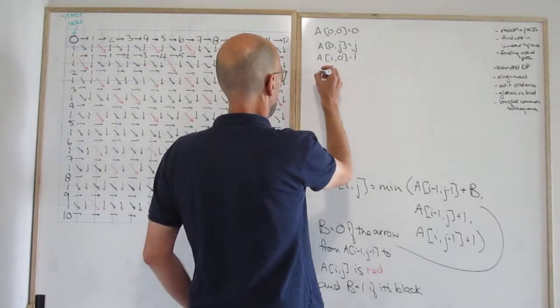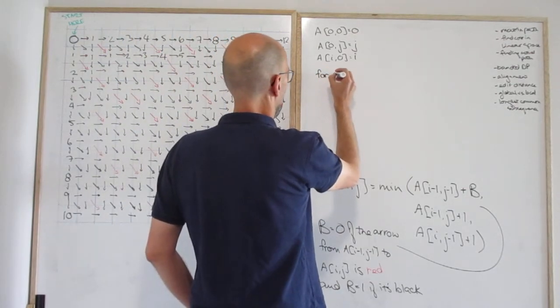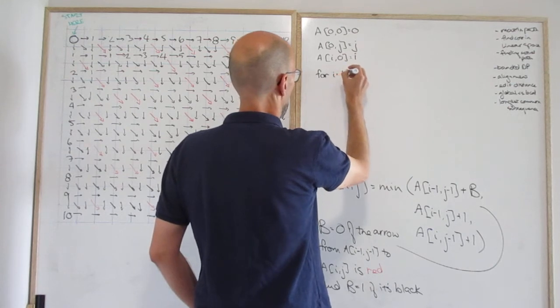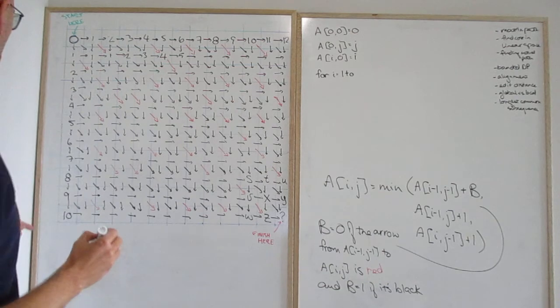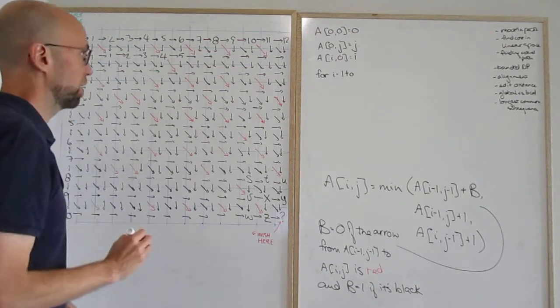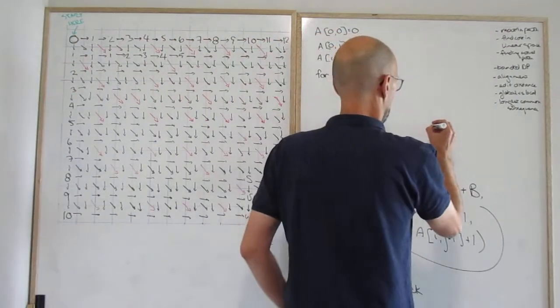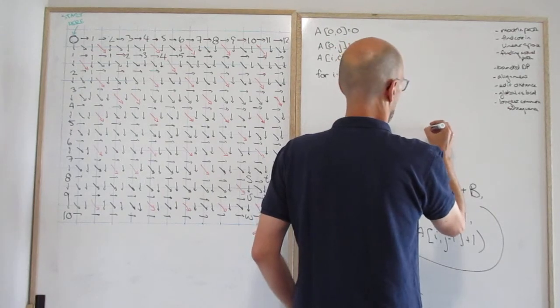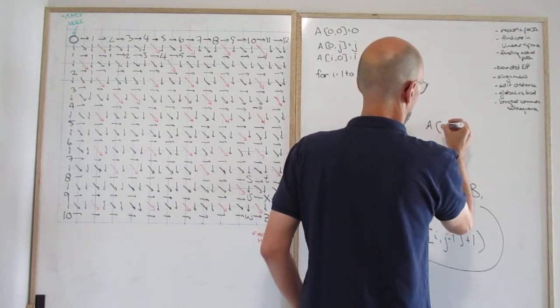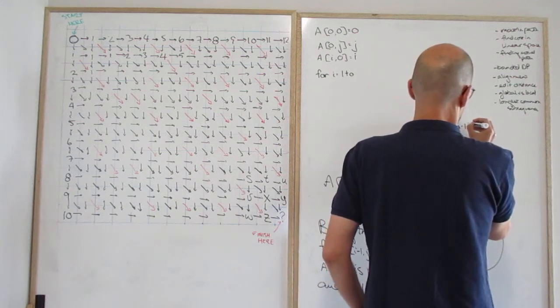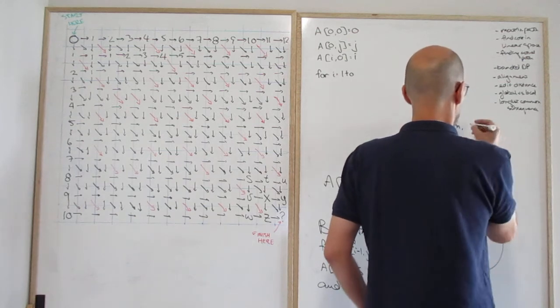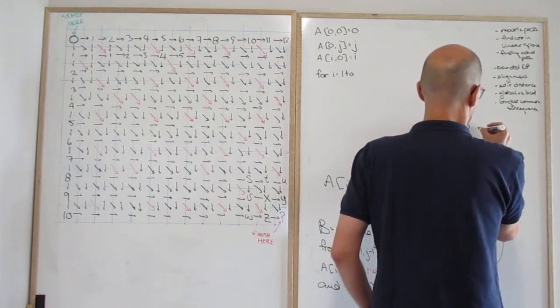So then we say, let's say there are m rows and n columns, so there are m plus 1 rows, 0 to m, and 0 to n.